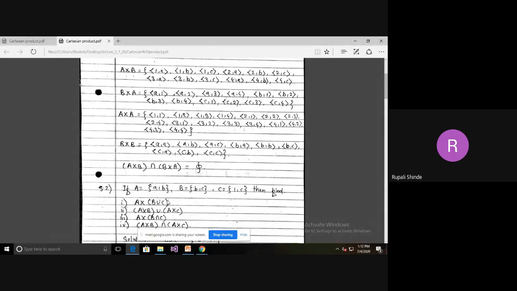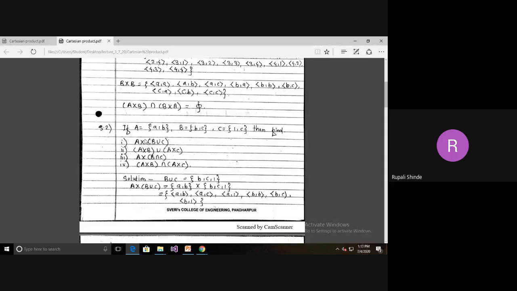First of all we have to find B union C. Tell me the answer. We just combine the elements from set B and set C. So {b, c, 1} is the answer for B union C.